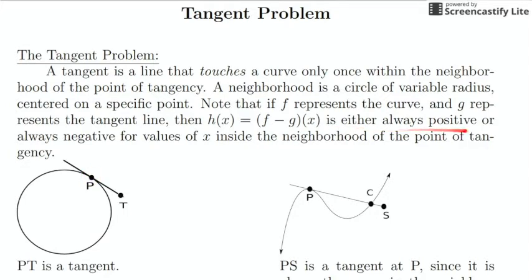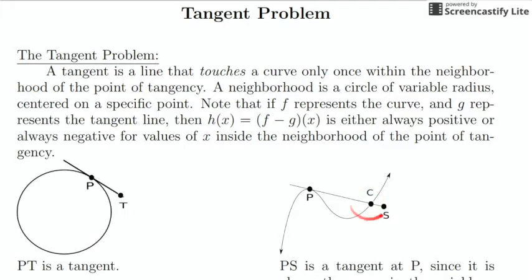But for every point inside that neighborhood here, it's always going to be either positive or negative. Okay? Now, over here, you see the same sort of thing happening, right? We're on both sides of that point of tangency, okay? The tangent line is, let's say, above the curve. Or we could draw it below the curve, okay?